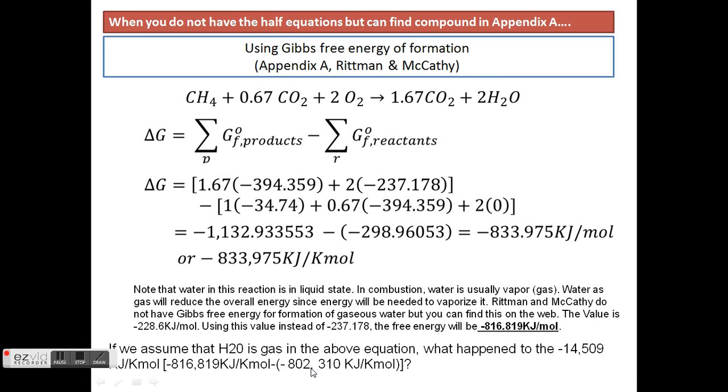So the question is, if we have 816 and 802, what happened to the difference? How do we account for this? Where has this gone to?